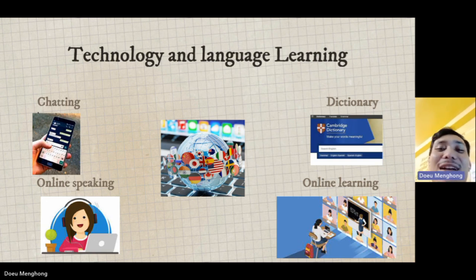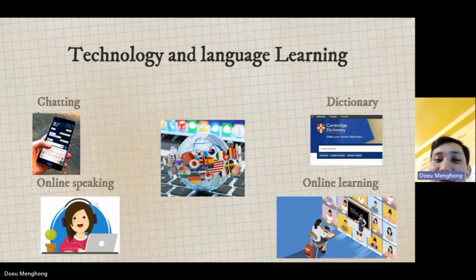For example, I know that some people don't need to go to school, right? They just learn through technologies, because technology is a way that can also boost our language. For example, now people tend to be overwhelmed by using technology.